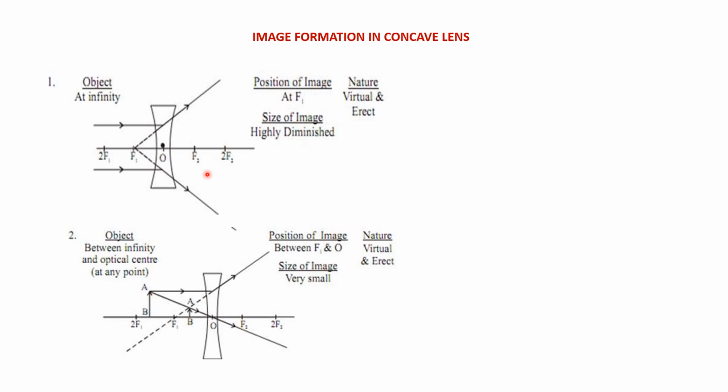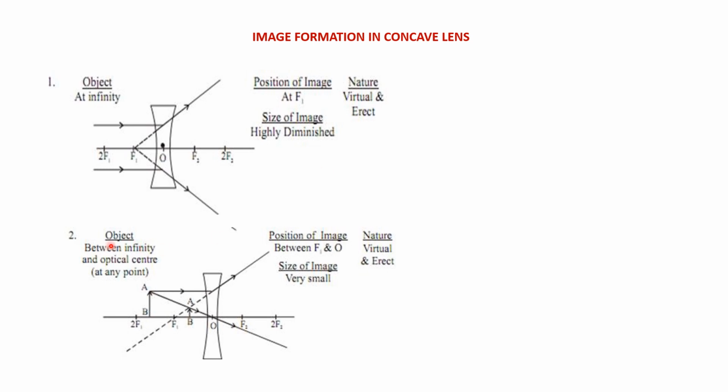F1 is the principal focus in case of concave lens and F2 is the principal focus in case of convex lenses. Here it appears that the rays are coming from the principal focus F1. The size of the image is highly diminished. It is virtual and erect.